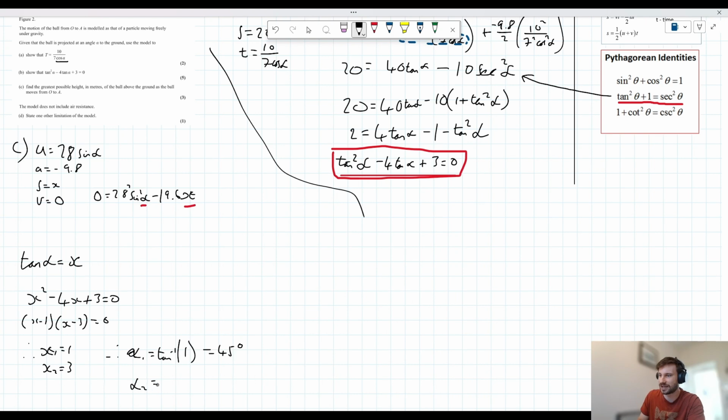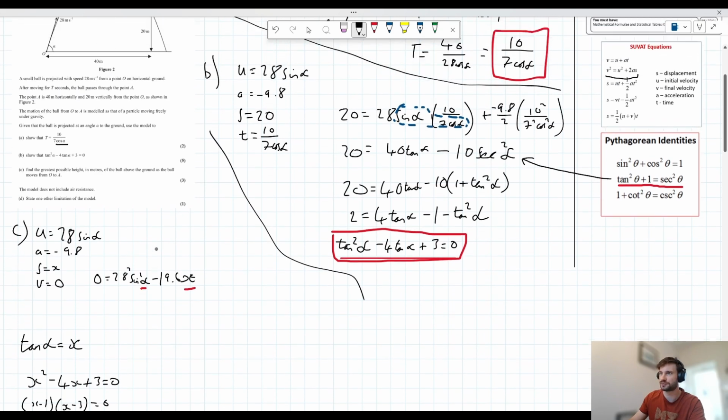And our second alpha here can be taken as the inverse tan of 3, which, let me just check my notes here, is 71.56 degrees.